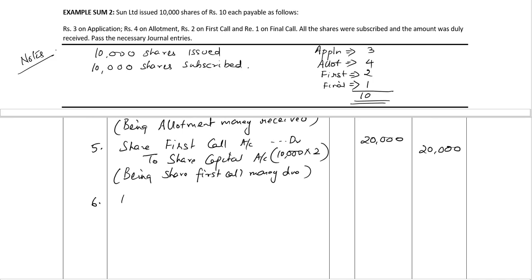The sixth journal entry is for receipt of the first call money.